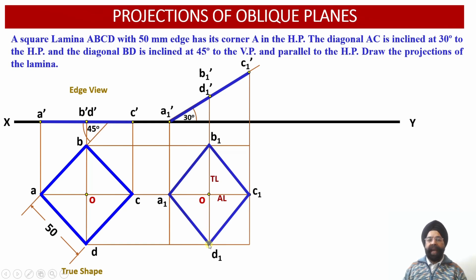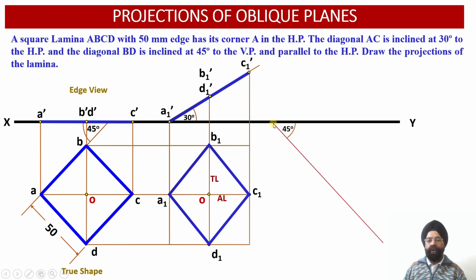Now we know that in the second instance, the diagonal BD, which is true length in this plan projection which has been obtained over here, is parallel to the horizontal plane, and this is further inclined with respect to the vertical plane at an angle of 45 degree.